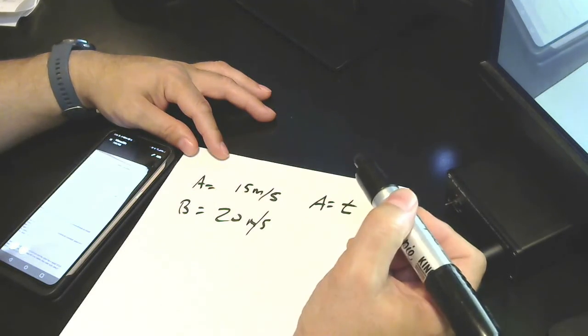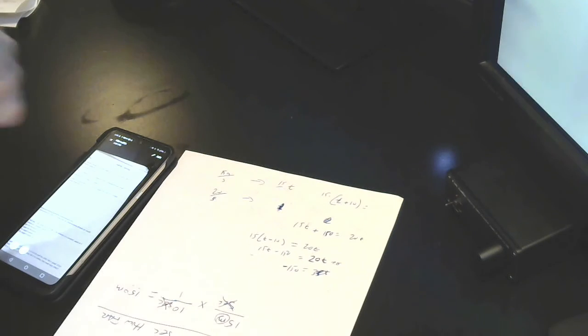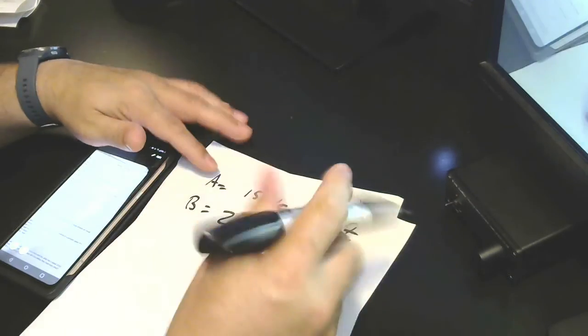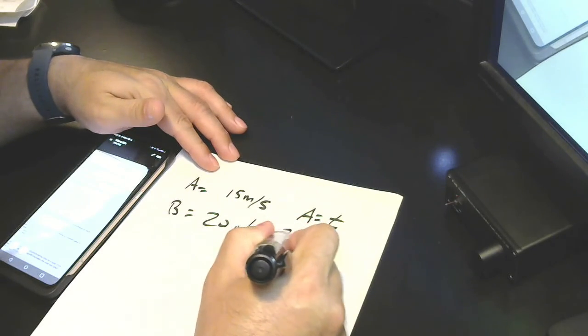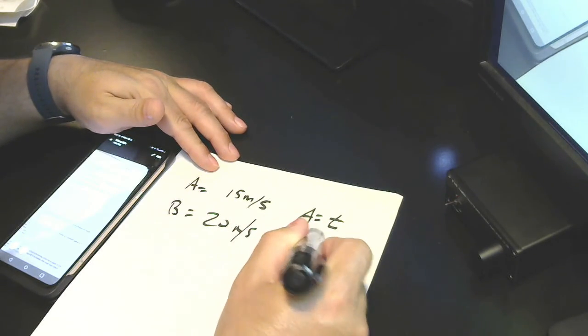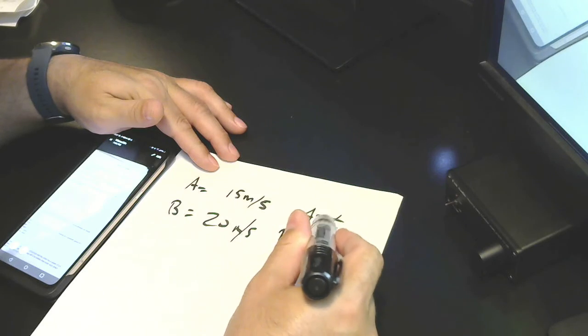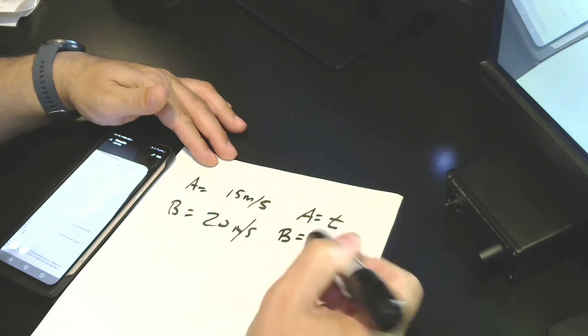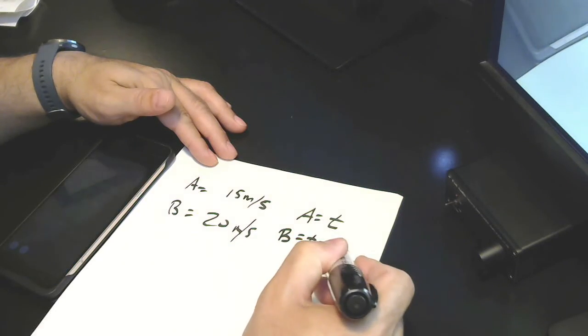Car A starts at the starting point, at time t. Car B starts 10 seconds later after this one, so B is t minus 10.